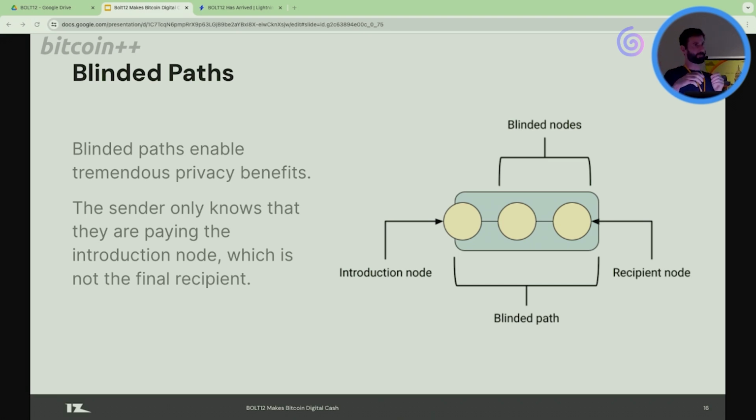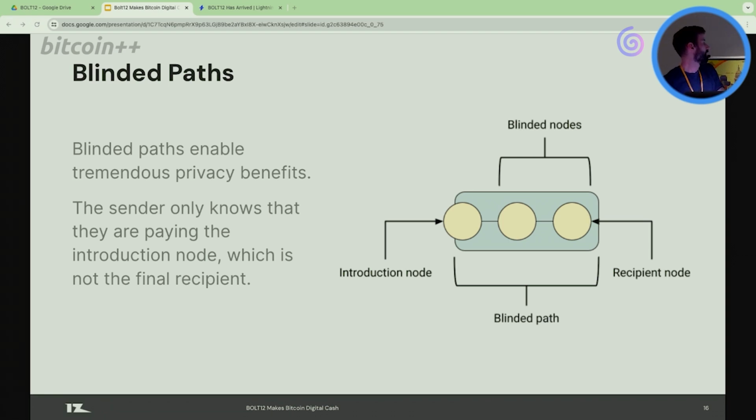So in our example, Bob would construct a blinded path to himself, maybe a few hops away, and make sure there's a reasonable number of possibilities he could have chosen, so that someone can't infer where he is in the network. And of course, Bob might not even be an announced node, and blinded paths in that case are necessary, whereas in BOLT11 you're revealing your node ID in the route hints.